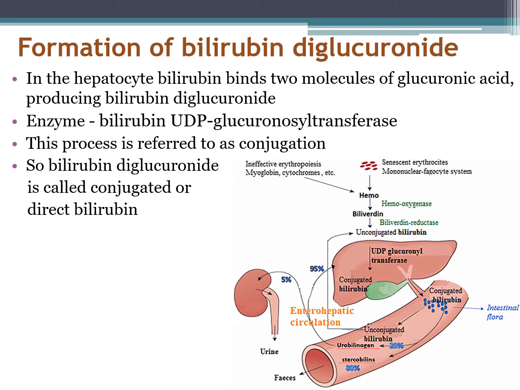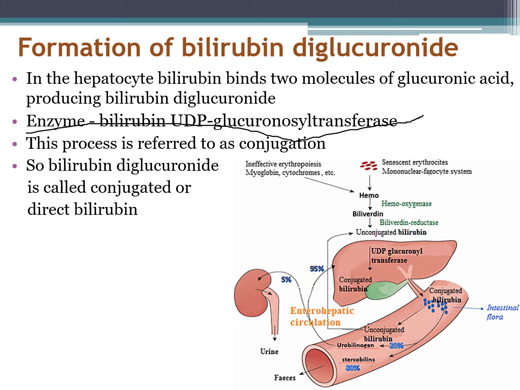This glucuronic acid is transferred to the bilirubin, and it forms bilirubin diglucuronide. This process is carried out with the help of the enzyme called bilirubin UDP glucuronyl transferase. It's a very complex name. Actually, my friends pronounce it wrong.